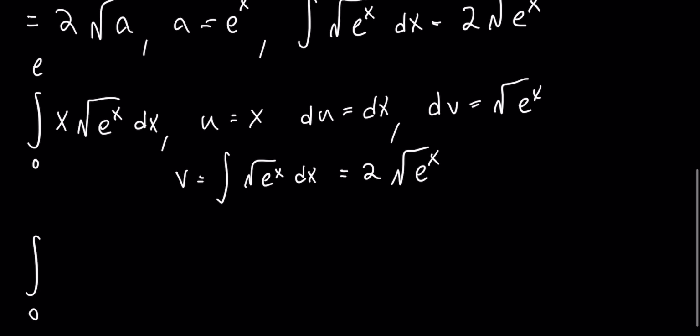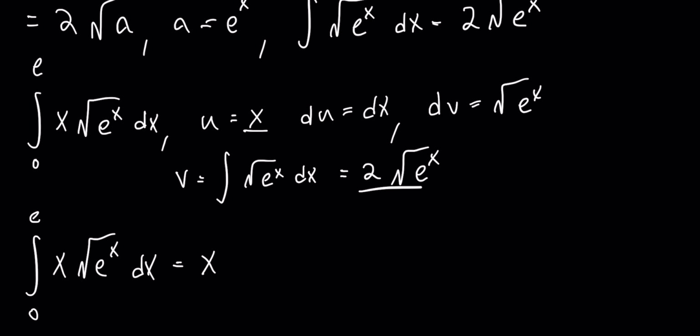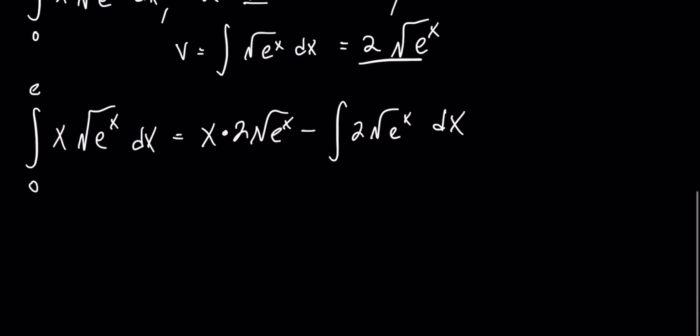So our goal integral, the integral from 0 to e of x times the square root of e to the x dx, will be u times v minus the integral of v du.